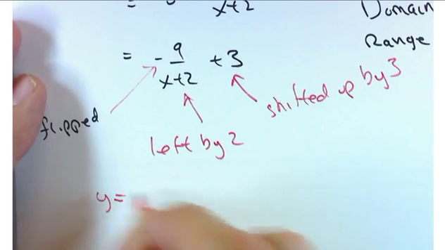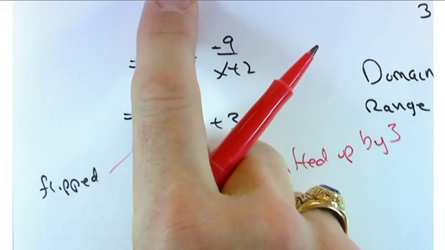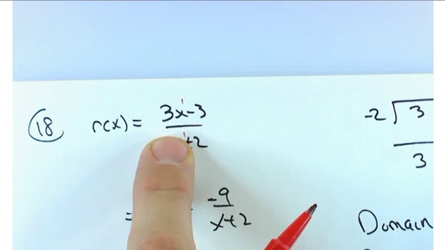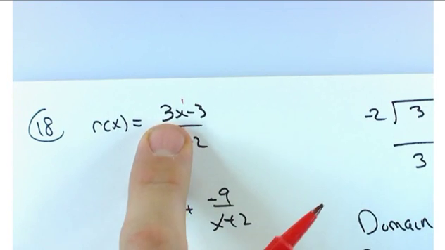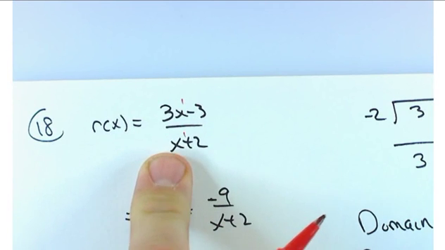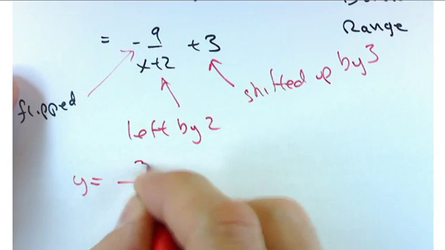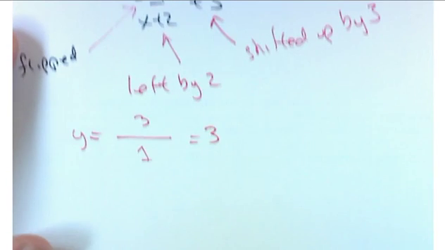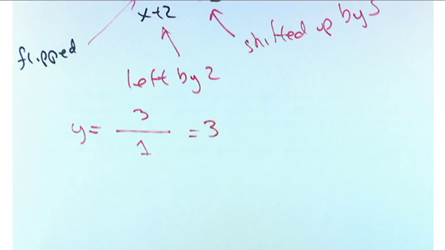What's the leading coefficient in the numerator? 3. And in the denominator? 1. 3 over 1 gives me 3. That was exactly my horizontal asymptote, y equals 3. Now there's another case, but we're not going to get there yet. It's called an oblique or slant asymptote. We'll get there in a little bit.